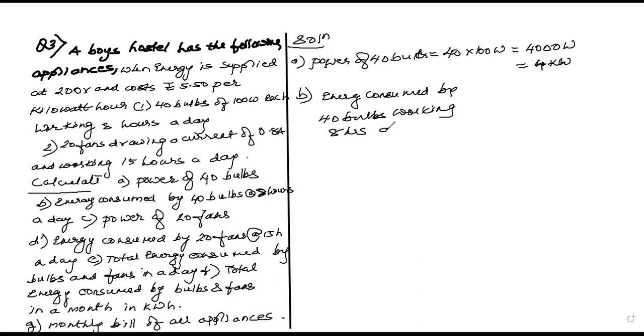Now remember, energy is power into time. The power of the 40 bulbs was 4 kilowatt. Please pay attention here. And time is 8 hours a day. Every bulb is working 8 hours a day.